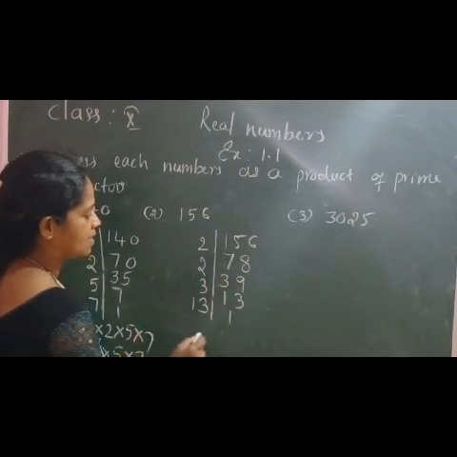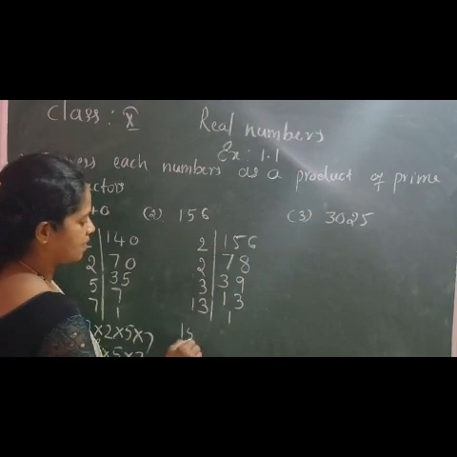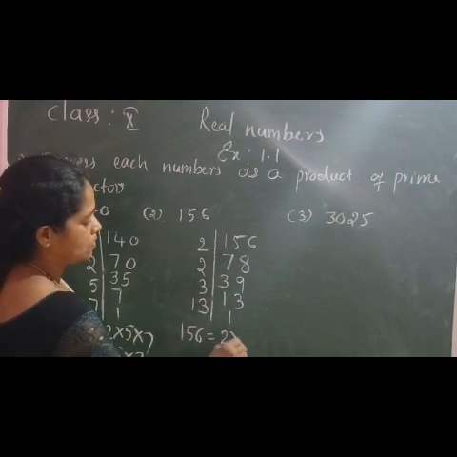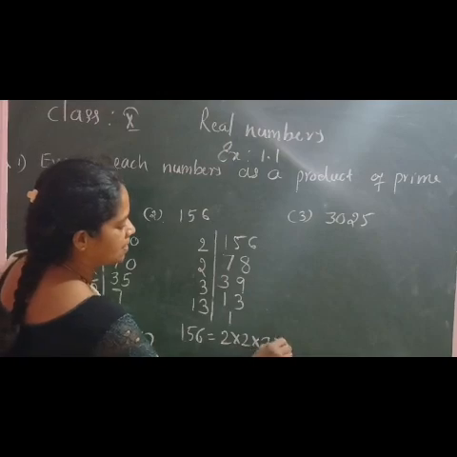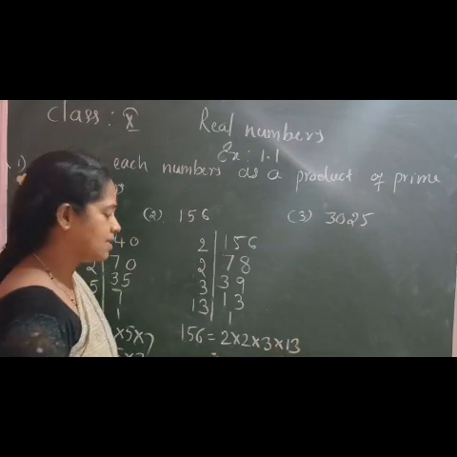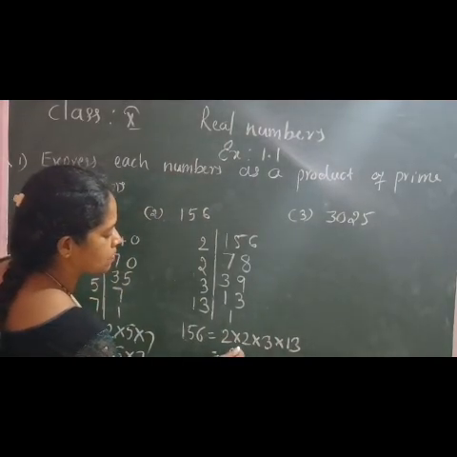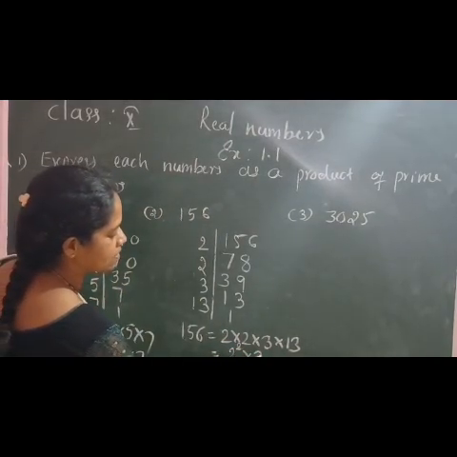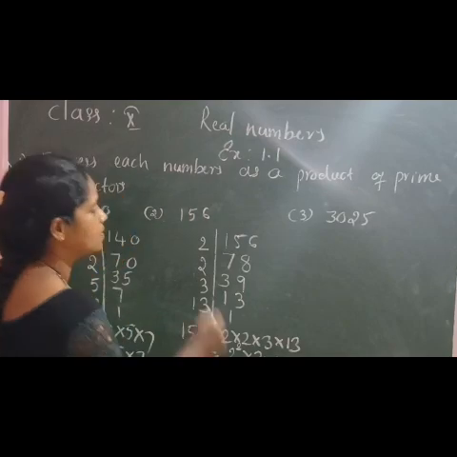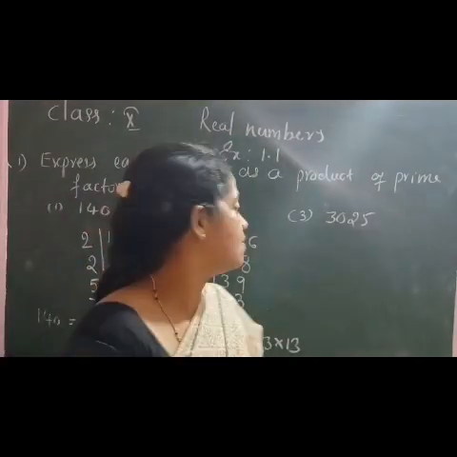Do it carefully. Then the given number 156 is equal to all the factors written in order, and then written in exponent form. That is, 2 appears 2 times, so it is 2 square into 3 into 13. This is about the second problem.